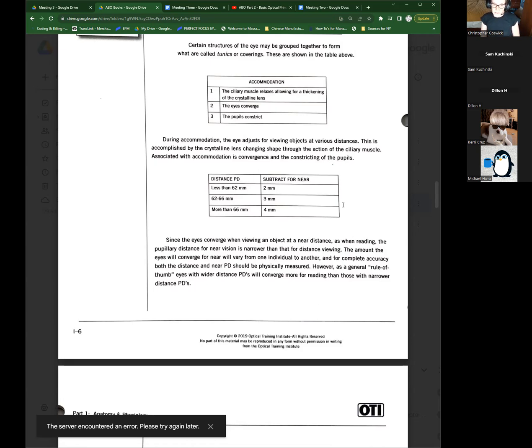What I want to encourage everyone, and I should probably say this at the optical meeting too, is that when you take a person's PD, first off, try as hard as you can, just like with a seg height measurement, to be right on their level. If you need to move up and down in your chair, that's really helpful. Try to be at their head level, their eye level, as much as possible.